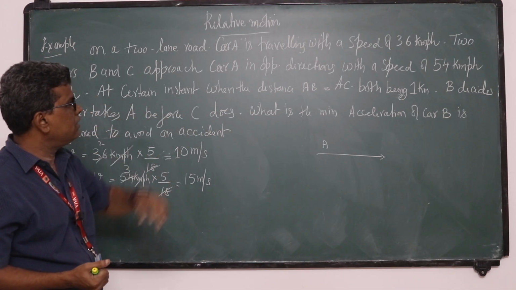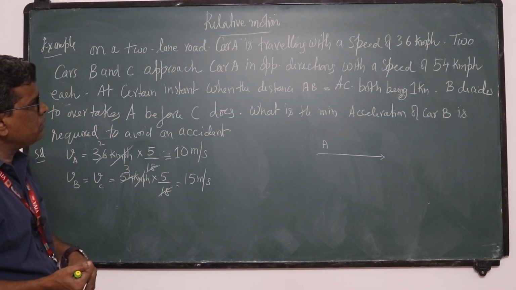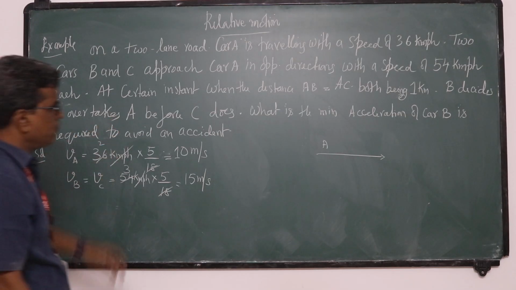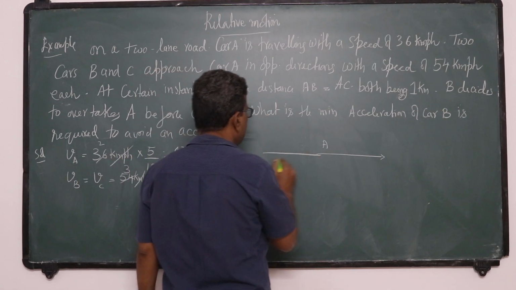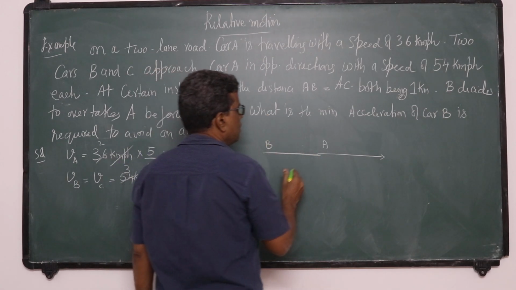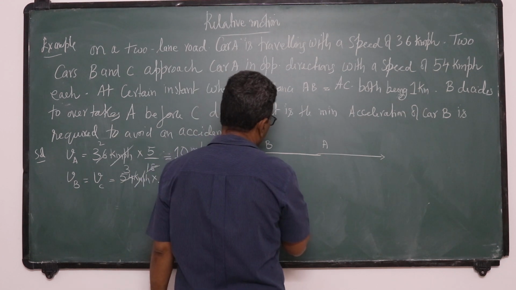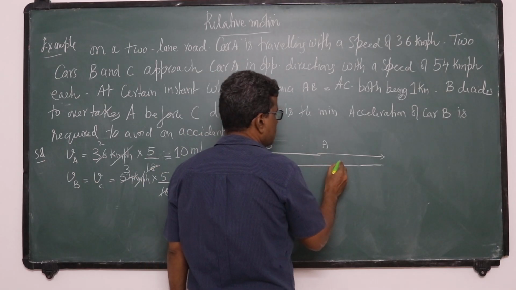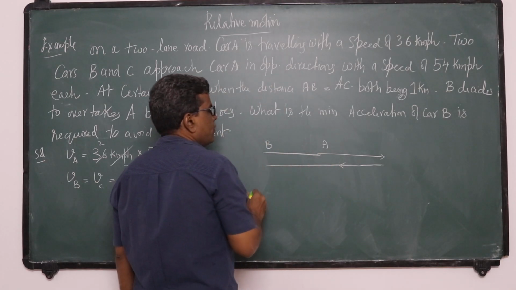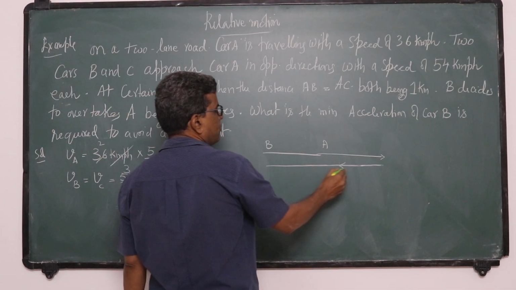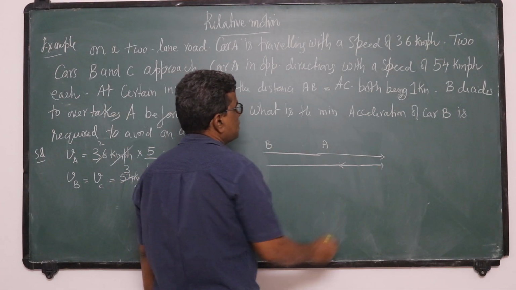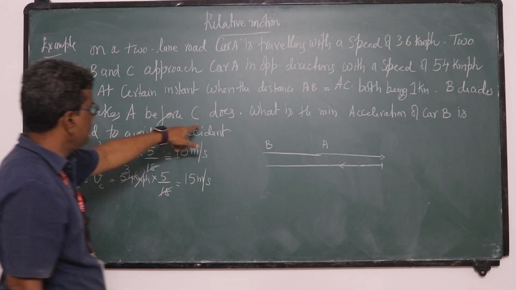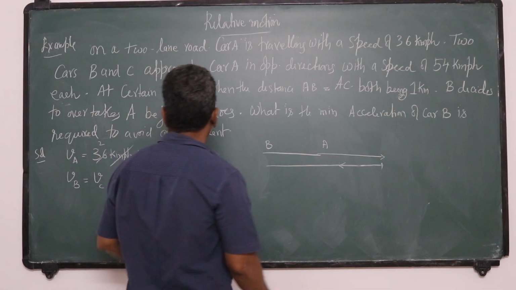At a certain instant when the distance AB is equal to AC, both being 1 kilometer, B decides to overtake A. So B is behind A, on this two-lane road. A is coming, and B overtakes A before C does.